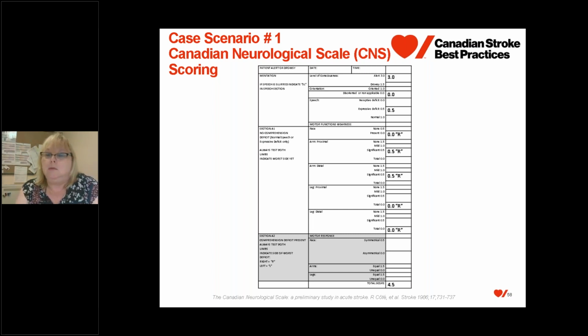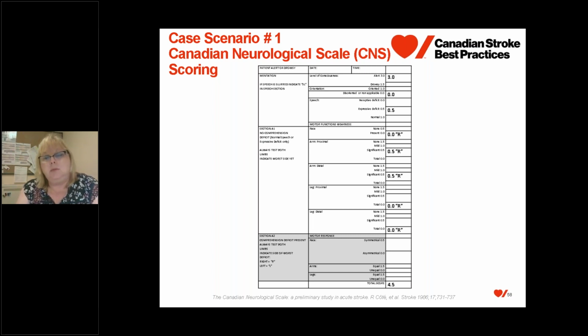Patient had a right-sided facial weakness, significant weakness in their proximal arm, was able to have movement of the arm but not able to do full range. In the distal arm was also scored as significant, so was able to lift it off but not able to dorsiflex the wrist. So they would have received a 0.5 on the right.